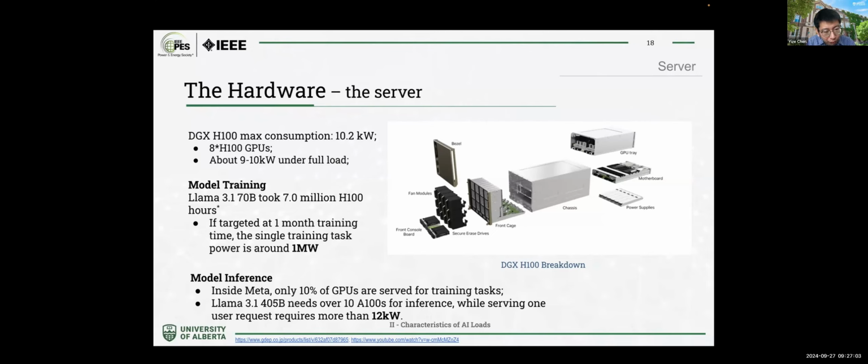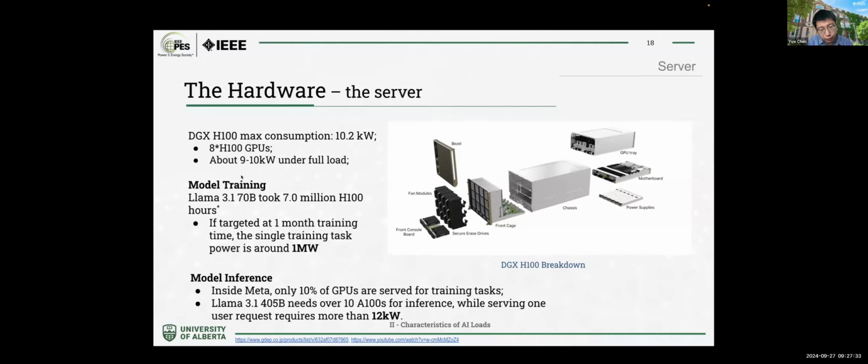For model inference, it's another picture. Based on the Llama 3 report, only 10% of GPUs are used for training tasks, while the other GPUs are used for inference because more and more users are using large models. For serving one request, for instance if I send a prompt to Meta's Llama model, that will use around 10 A100 GPUs at this moment.